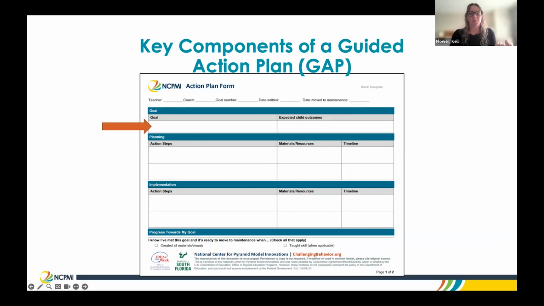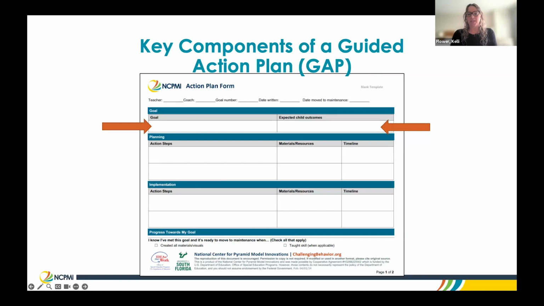That's going to be whatever practice you and your teacher have decided to work on. And then a new part that was added is the expected child outcome. The reason that was added is because a lot of times, and I'm sure I was like this as a classroom teacher, teachers would really be focusing on just what they want the kids to do.